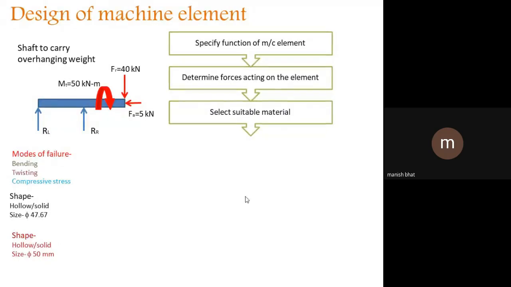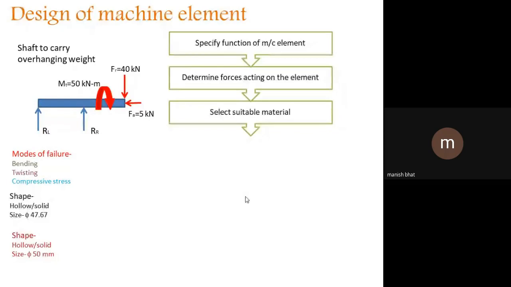I want that whatever material I select should withstand shock load, vibration. If it is a Pelton wheel, if it is the axle of a vehicle, shock loads are there. Shock load, you understand. Vibration is there. So vibration should be taken up. Shock load should be taken up. So I will be choosing such a material which is going to resist this load due to shock, vibration, and it will again have adequate strength.